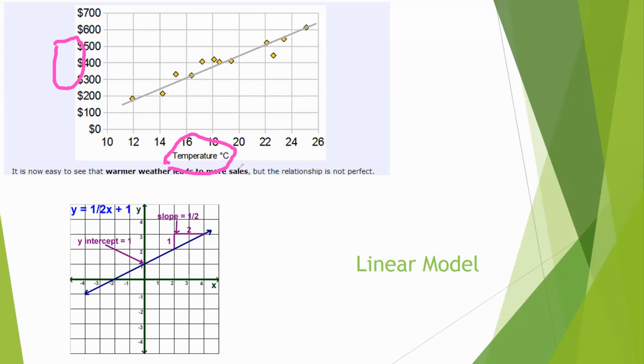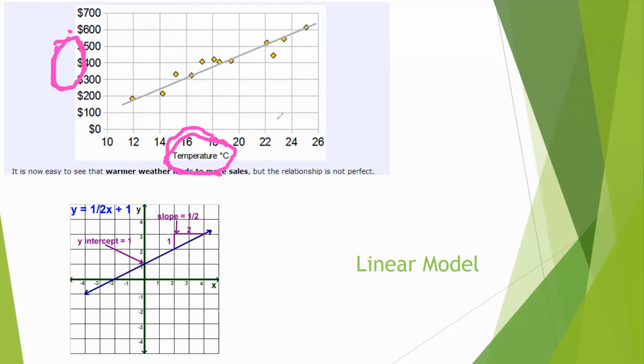This example shows, for instance, if we want to sell ice cream in Disneyland and you collect enough data, you want to find if there's an association between the daily temperature and the sales of ice cream in Disneyland.